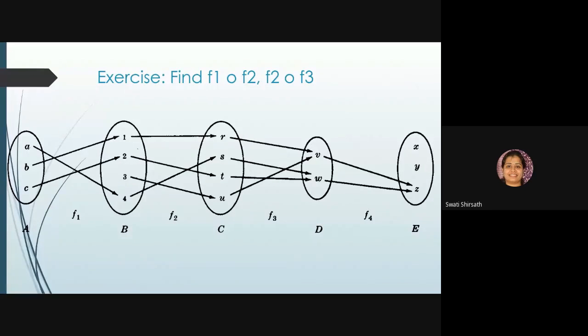Yes, find f1 of f2, and it is written over here, f1 of f2 and f2 of f3.